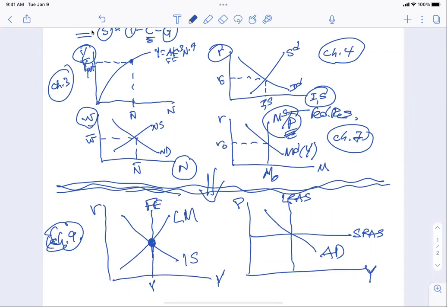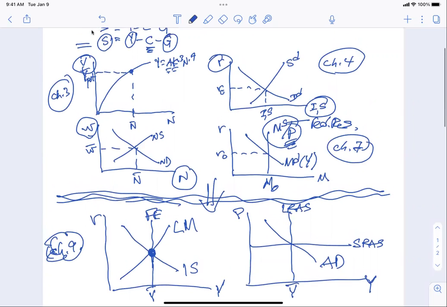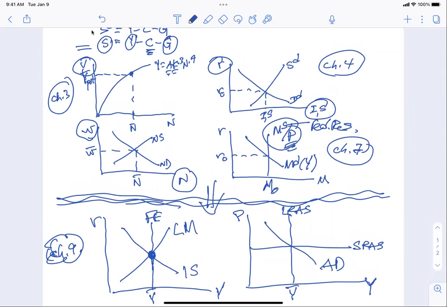This is Y bar, this is Y bar. So these aren't separate models. This is just a putting together of all the other markets. The four graphs that you see above are not separate from that. They come out of that.